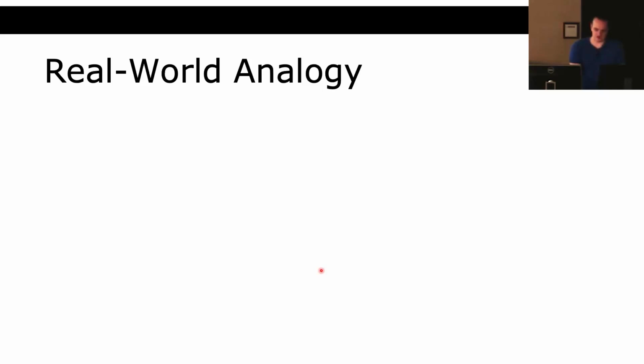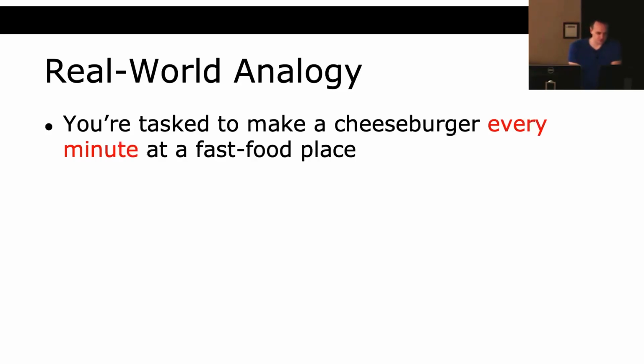So here's my analogy. I'm very proud of this analogy, and I have a diagram. It's so good. So let's say that you are tasked to make a cheeseburger every minute at a fast food place, right? I know this is a bit of a juvenile example, but I still like it because it helps me keep track of this stuff in my head. So this is your frames per second that your boss has told you, right?